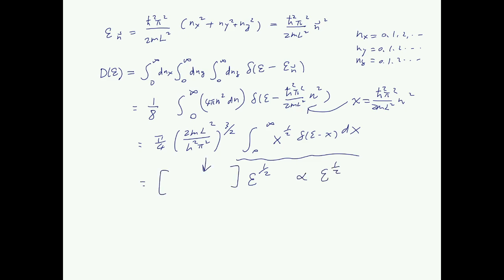This 1/2 depends on the dimension of your integration. Here it is 1/2 because we perform this over nx, ny, nz in 3D space. If you go to 2D or 4D or 1D, this integration will give you a different result, and your density of states will be different. But you can still use this simple transformation formula to get your density of states.